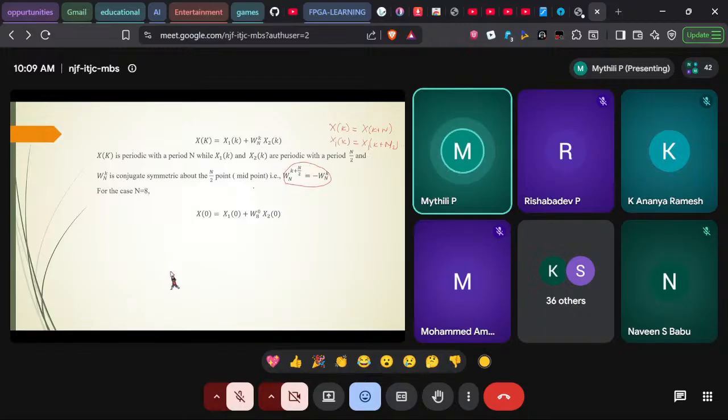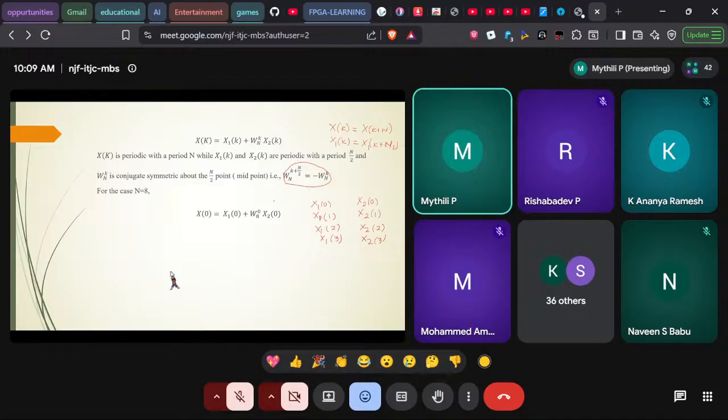So once you get all the X1 of k's and X2 of k's, how do we combine them for an 8-point? This is the case for N is equal to 8. You have x1 of 0, x1 of 1, x1 of 2, and x1 of 3, as well as x2 of 0, x2 of 1, x2 of 2, x2 of 3.